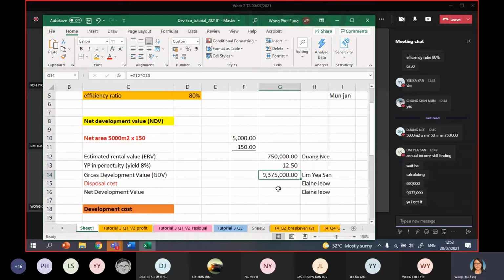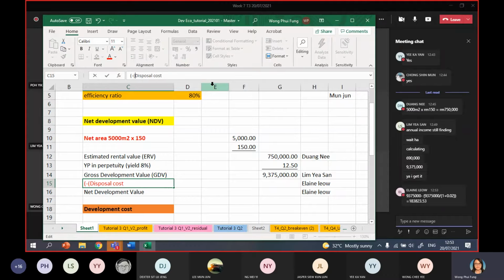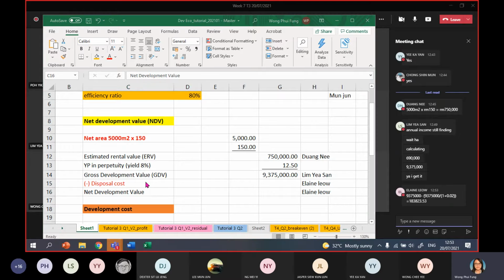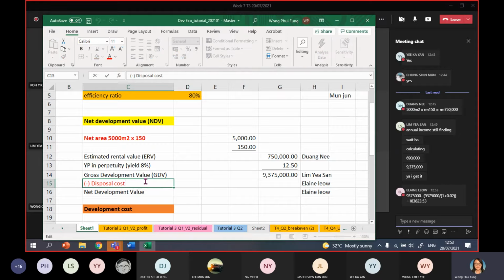Then after that, you need to minus disposal cost, assuming you are going to dispose to a third party. Yes, very good. Elaine already stated the formula here. The disposal cost formula is a bit tricky: 2% of NDV, not GDV. So you should use the formula given in the lecture slide, also already stated by Elaine.